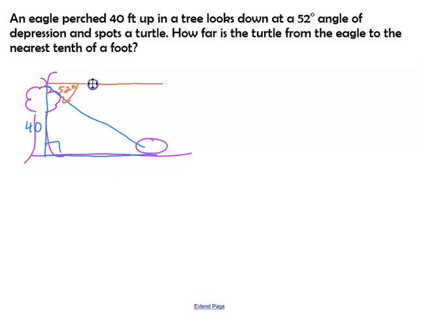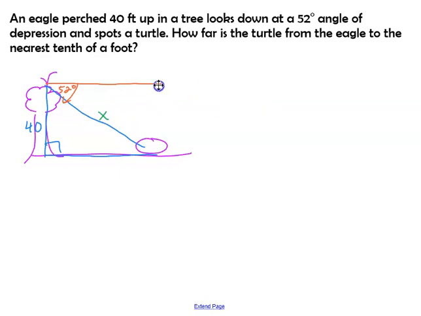Now, you have a couple options here because the triangle that we drew doesn't have that angle measure in here. And what we're looking for is how far the turtle is from the eagle. So the turtle is here, the eagle is here. This is the direct distance between them.